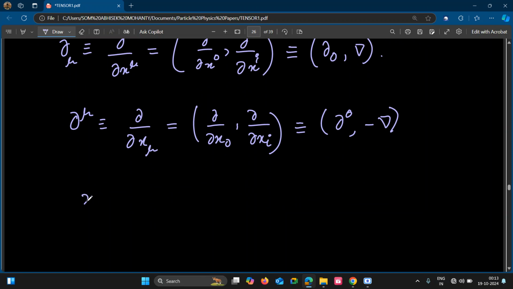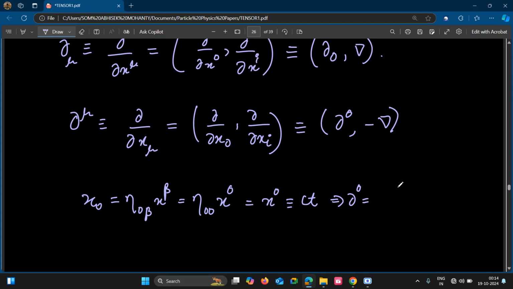So x naught, we have used the notation x naught is equal to eta 0 beta x beta. It can be written as eta 0 0 x 0, which is equal to x 0, which is equal to ct. x 0 is always ct, right? So from here we can write that del 0 is equal to what? Del by del x 0, and in place of x 0 we put ct.